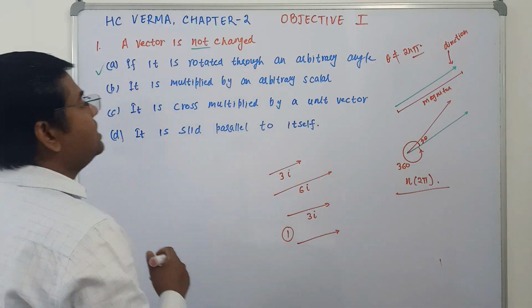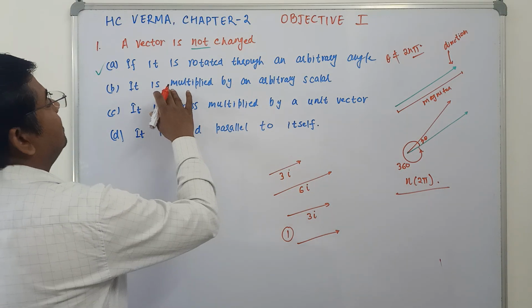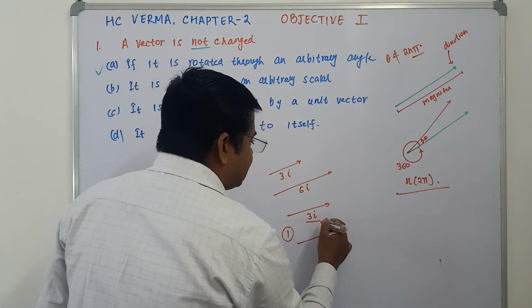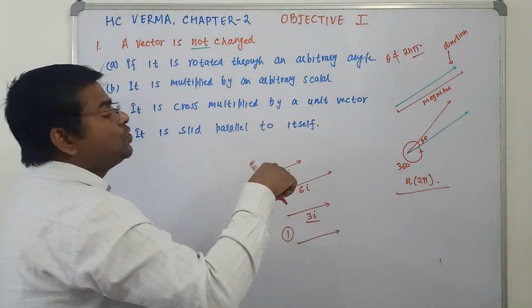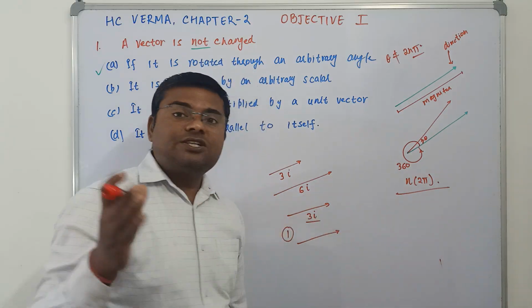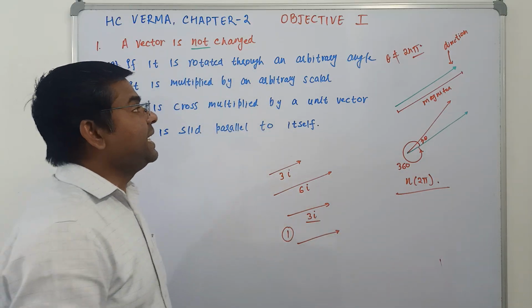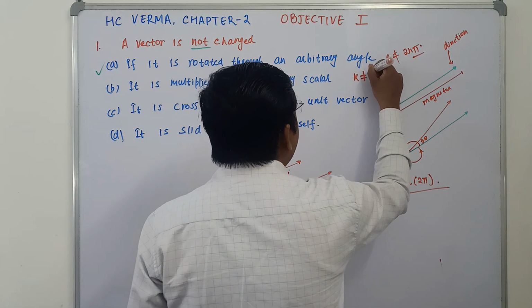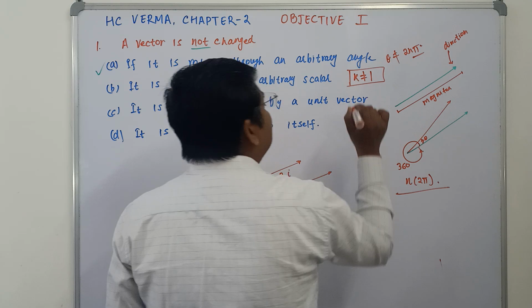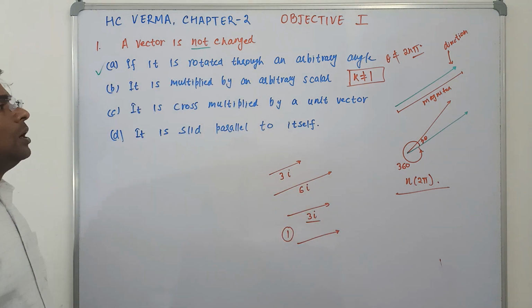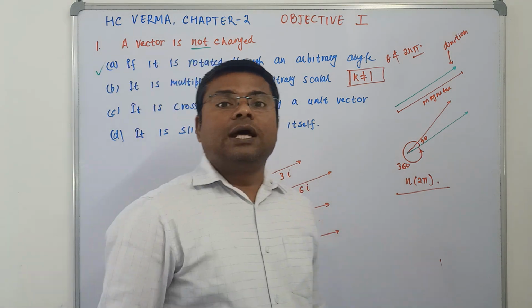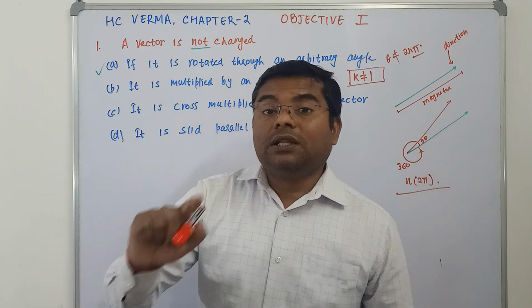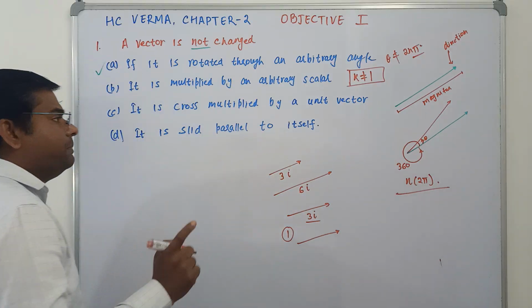So it is not necessarily true that a vector changes when multiplied by any scalar. The vector changes for all values of the scalar k except k equal to 1. If k does not equal 1, then the vector must change. If k is equal to 1, then the vector will remain the same.